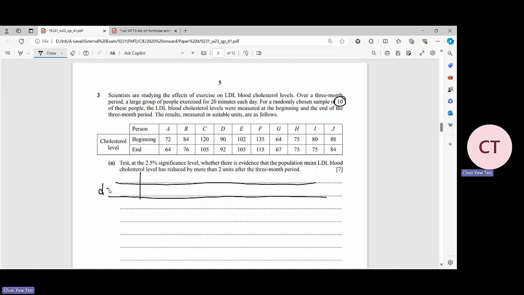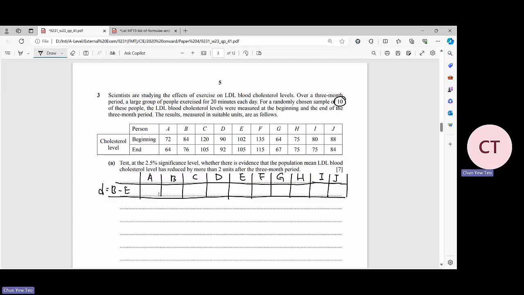This is D equal to B minus E, for person A, B, C, D, E, F, G, H, I, and J.